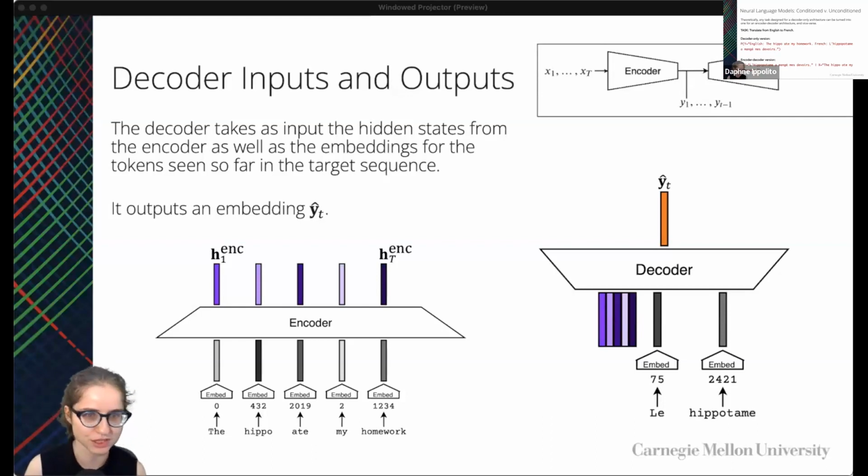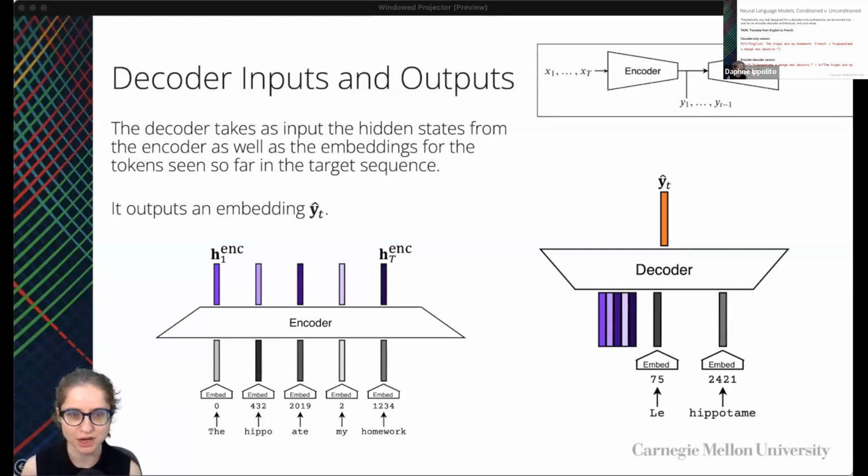I'm going to be using y hat sub t to refer to the prediction. Often we put a hat on top of a variable to show that it's a prediction. So y hat sub t is the prediction of the model, and y sub t would be the true next word in the sequence. Someone asked, is the embedding changed during training? As we're training, the encoder and decoder have a bunch of weights, a bunch of parameters that are getting learned.